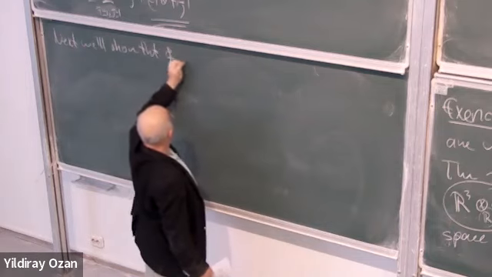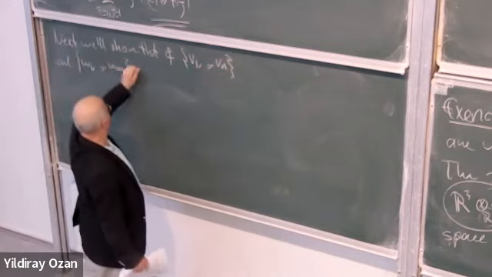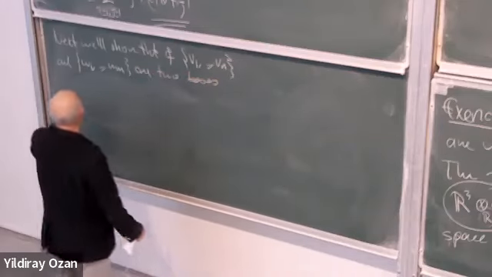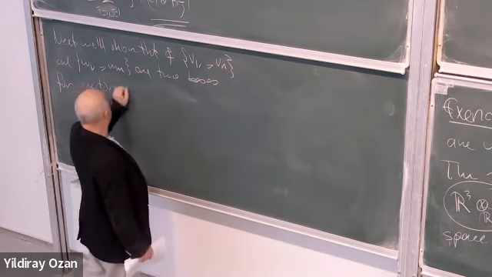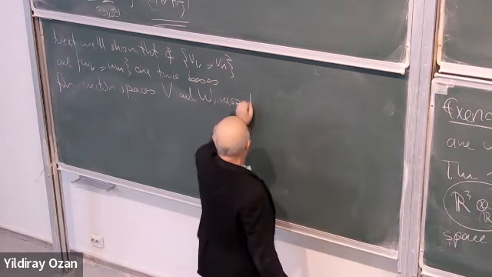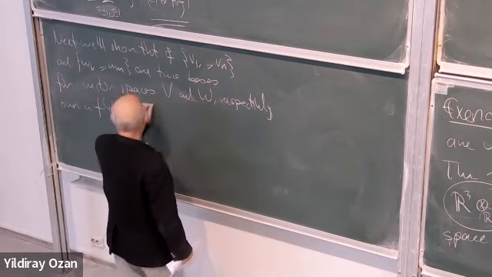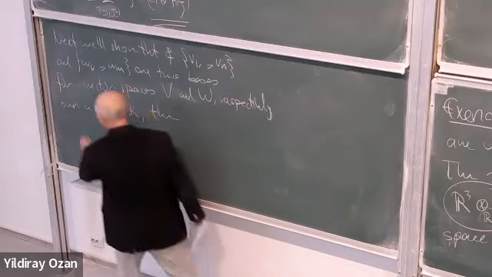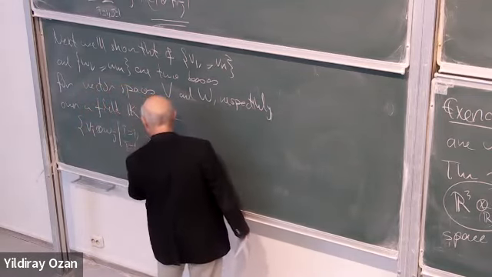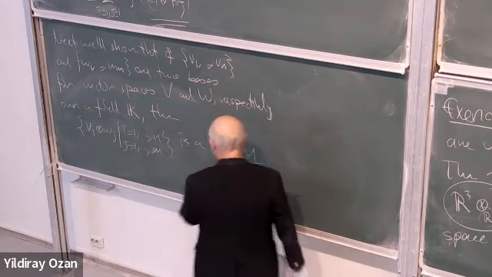If v_1 to v_n and w_1 to w_m are bases for vector spaces V and W respectively over the field, then this set, v_i tensor w_j, i from 1 up to n, j from 1 up to m, is a linearly independent set.